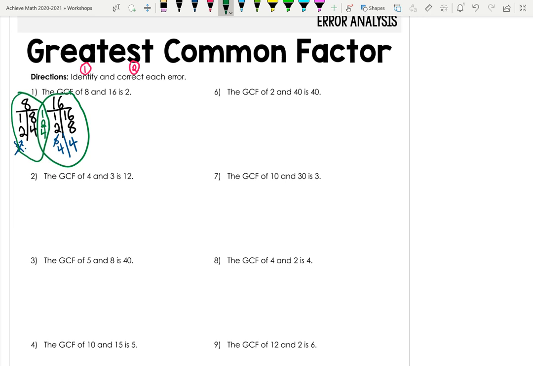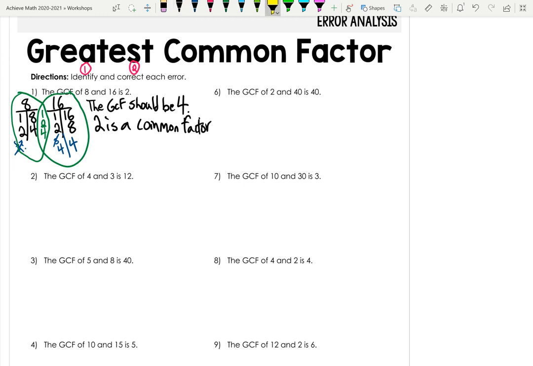So the GCF is not 2. It's supposed to be 4. What did they say? Well, the GCF should be 4. 2 is a common factor.